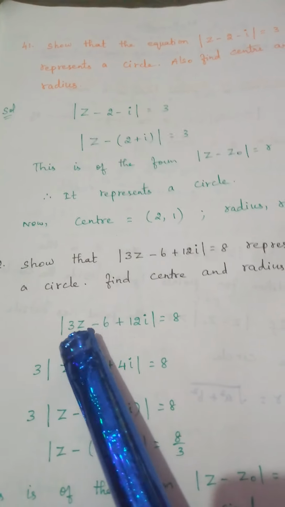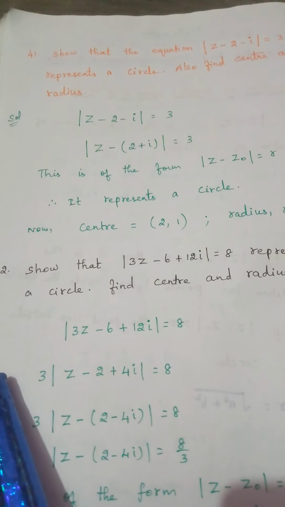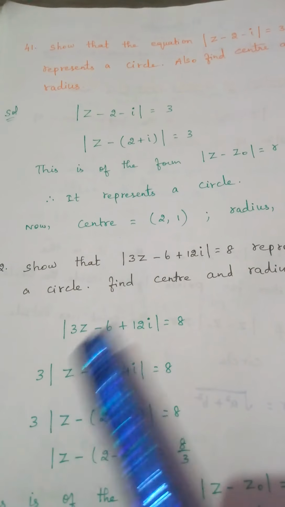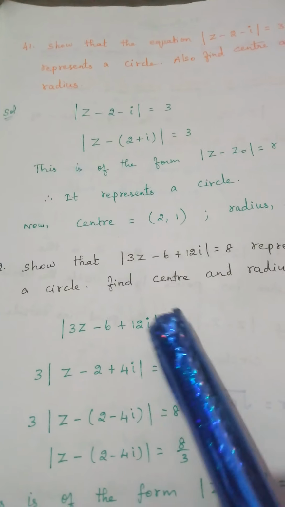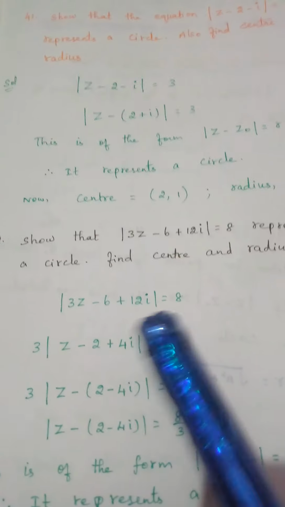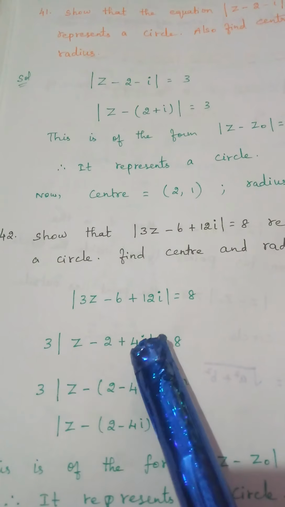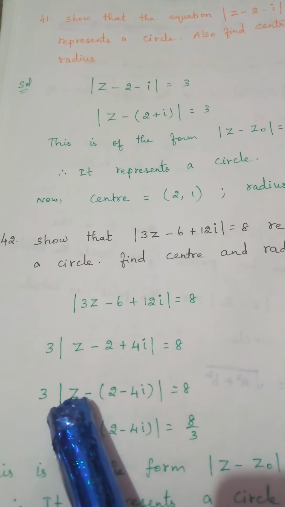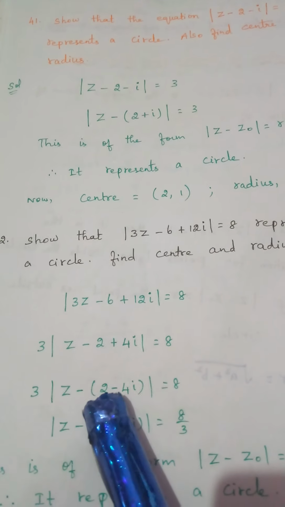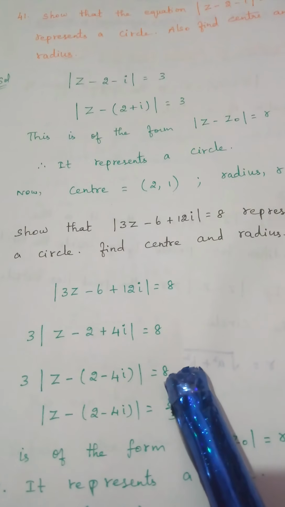So first of all I am taking the 3 as common, so that this becomes z, 6 becomes 2, 12 becomes 4, and 8 is present here. In the next step, from the second and third term, I am taking minus as common outside. So 2 plus 4i will become minus 4i equal to 8.